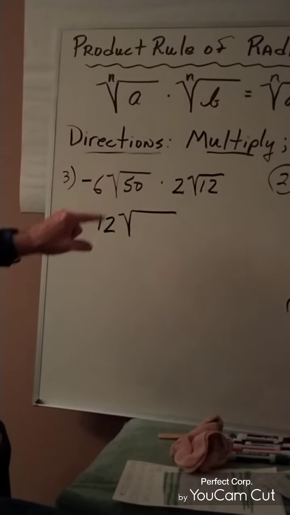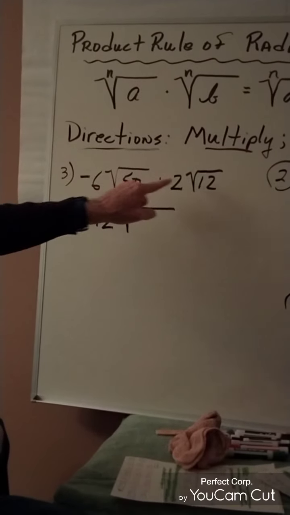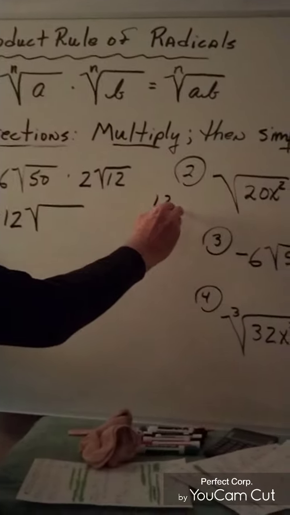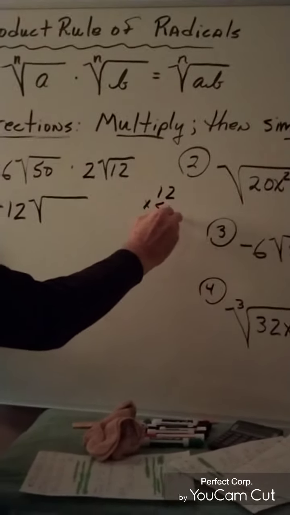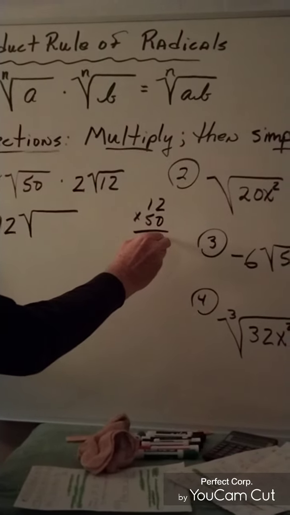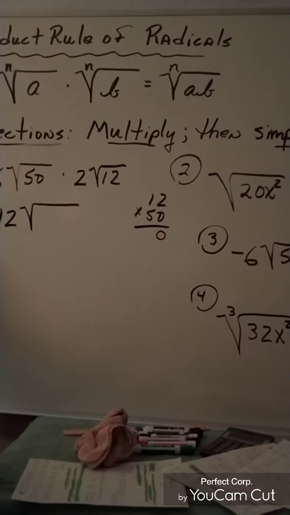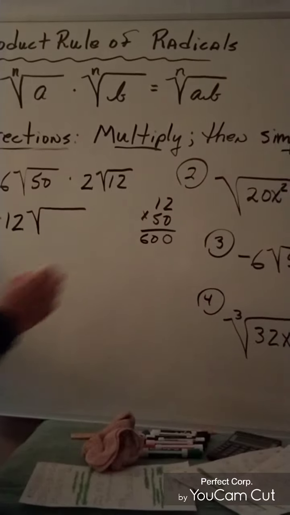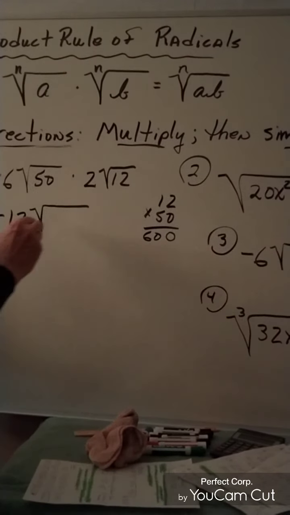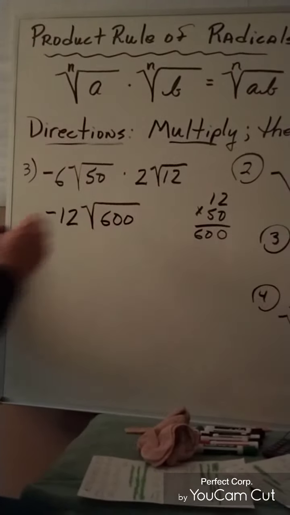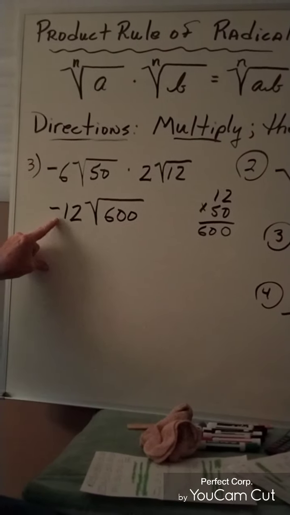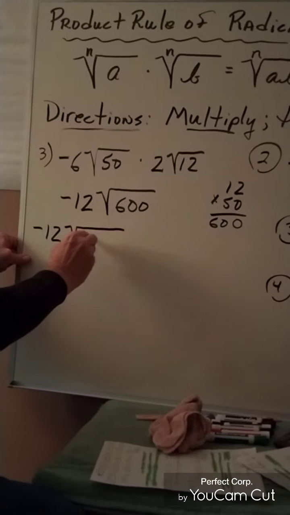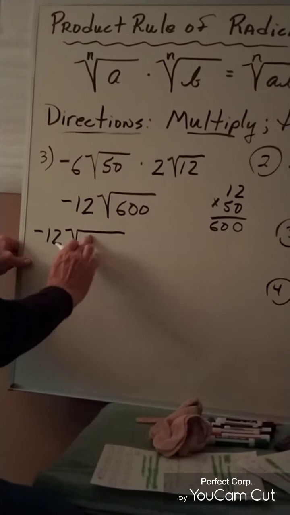Multiply by the radical of 50 times 12. You can just bring down that first 0, and now you can just multiply the 5 by the 12, and that'll give us 600. Bring down the -12. Now we're going to bust up 600.